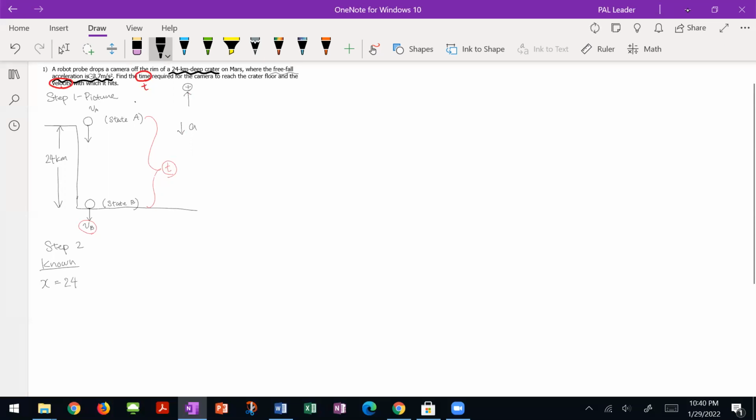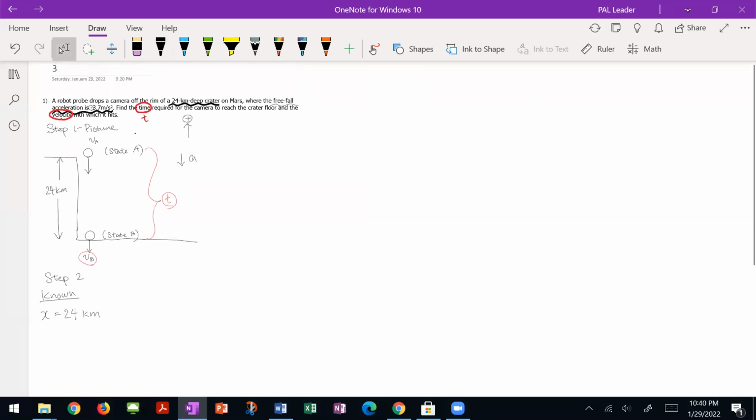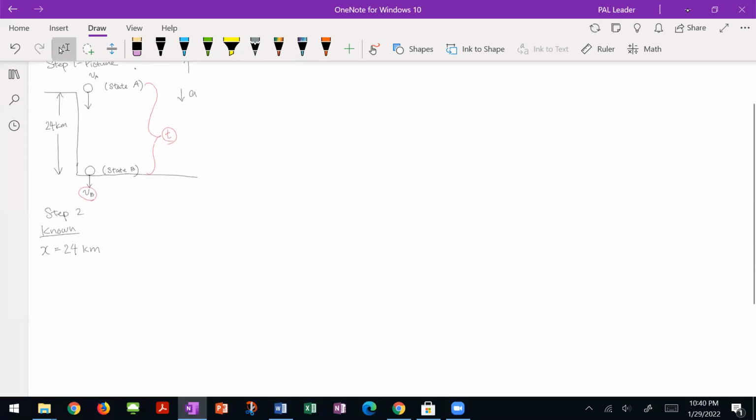We usually do not use kilometers in this problem, as you can see. For example, the acceleration is in meters per second squared. It's not in kilometers per second squared. So I want to change this to meters. And that unit conversion should be pretty simple, I hope. So we want to get rid of kilometers.